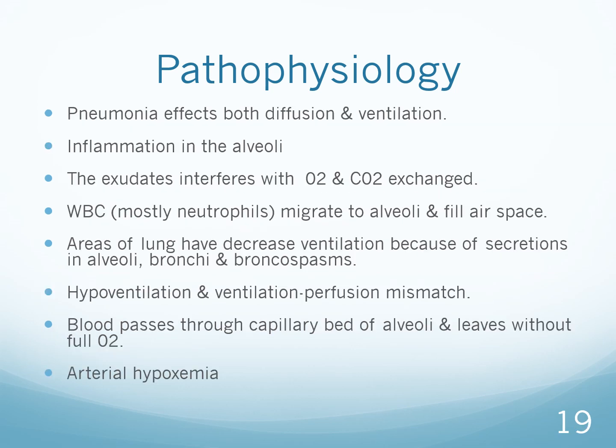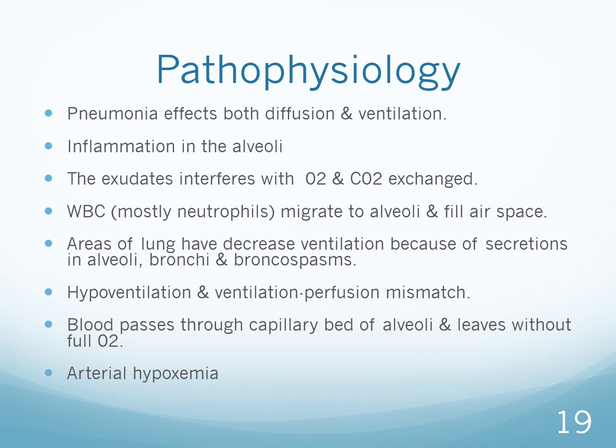Pneumonia affects both diffusion and ventilation. It causes hypoventilation, and it's a ventilation-perfusion mismatch. You're not getting the oxygen-carrying ability of the blood as a result. You have inflammation of the alveoli, and you have exudate that interferes with that exchange. The white blood cells, those neutrophils, migrate to the alveoli and fill that air space.